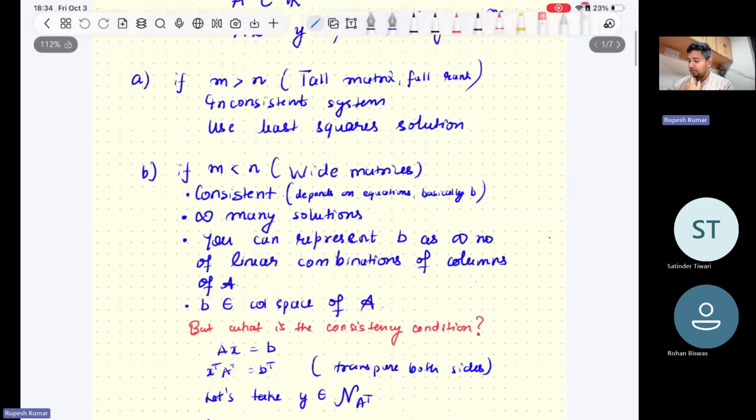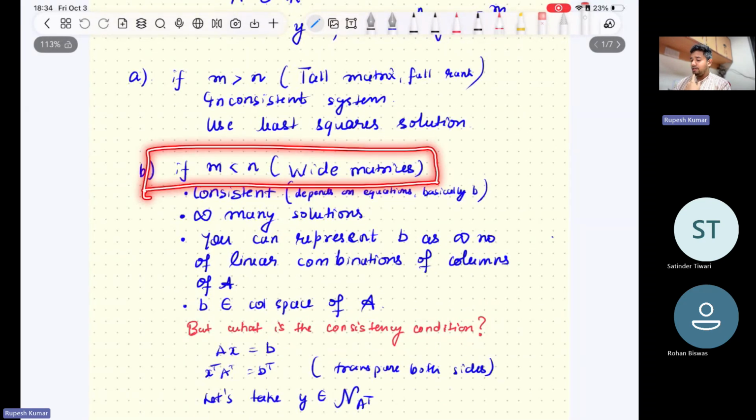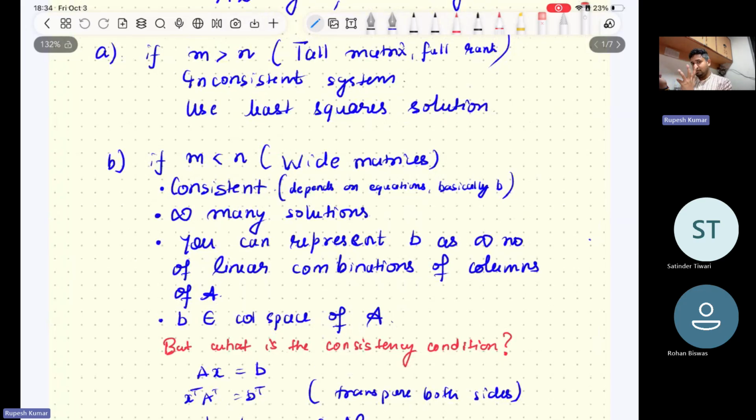Second case: if the matrix is wide, by wide we mean the number of equations is less than the number of variables, right? What can you infer from this condition?